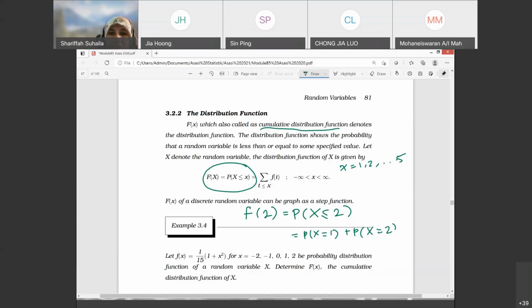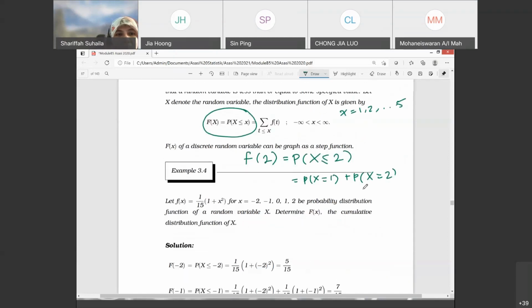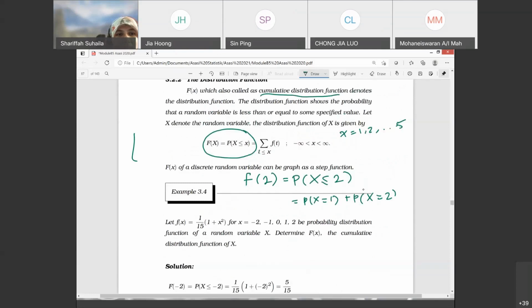So if we display it in terms of a graph for a discrete random variable, it will come out as a step function. Step function looks something like this. Say from here to here, its value, say 1 up to 2, and 3 up to 4, maybe from here to here. That we call a step function.